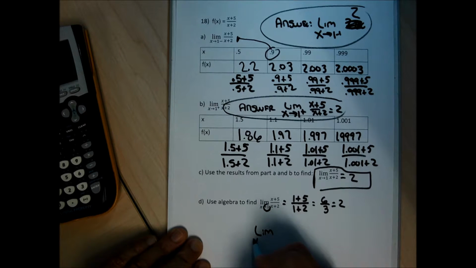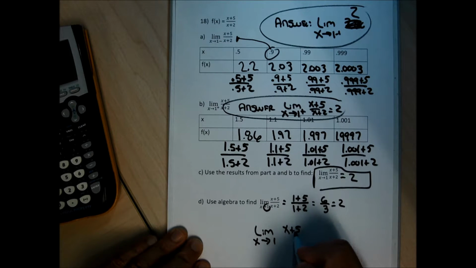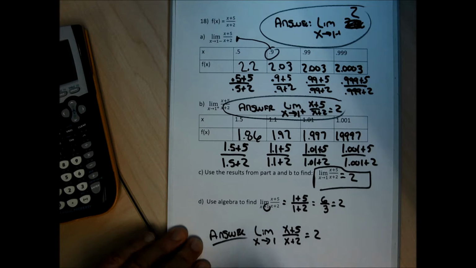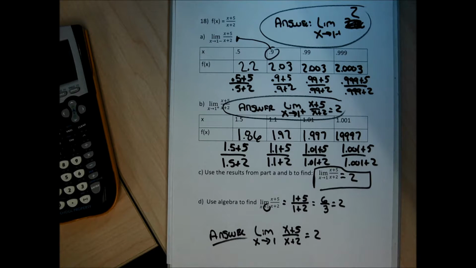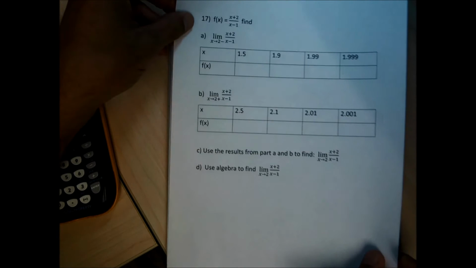When we go to do the next question, the limit's going to exist, but the algebra is going to be tricky. So the answer to part D is the limit as x approaches 1 of the fraction x plus 5 over x plus 2 is going to be equal to 2. So that hopefully can inspire you to do problem 17.